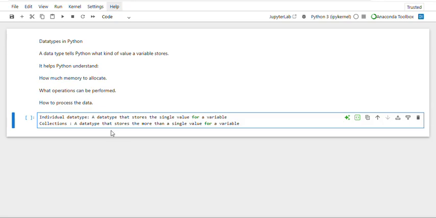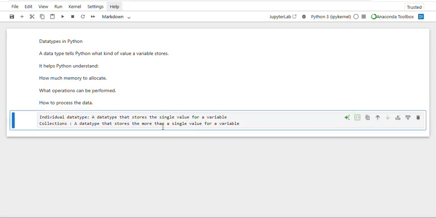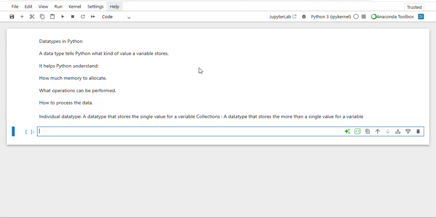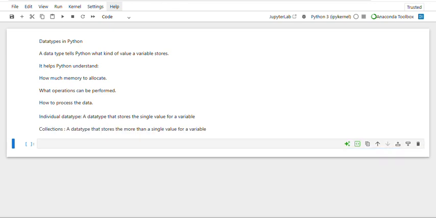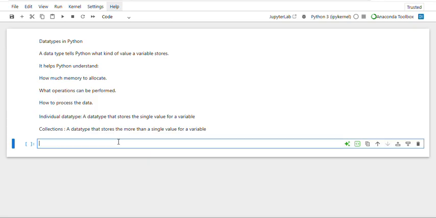But collections are data types that store more than a single value for a single variable. So when you store a single value for a single variable, those are called individual data types. Individual data types means a variable that stores only one value.